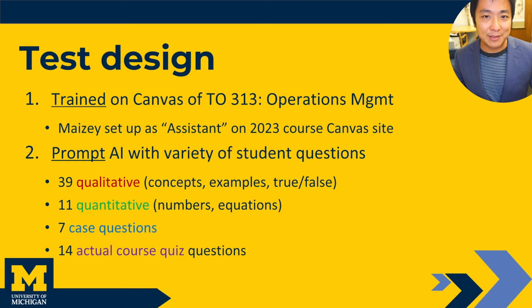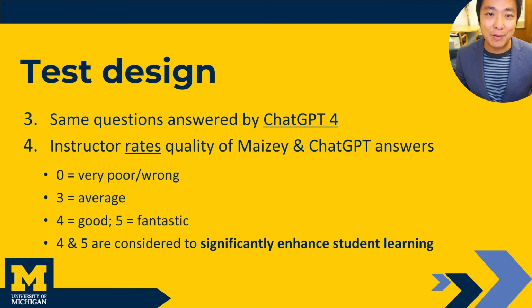There we set Maizey as a TA on the current Canvas site to absorb all the contents there. Then we bombarded it with a wide variety of questions: qualitative, quantitative, case, exam, logistics, you name it. And for each question, we also let ChatGPT-4 answer it. Then we let instructors rate both answers on a scale of 0 to 5, 0 being completely wrong and 5 being top-notch. Generally, a score of 4 or higher is on par with a very capable human TA.